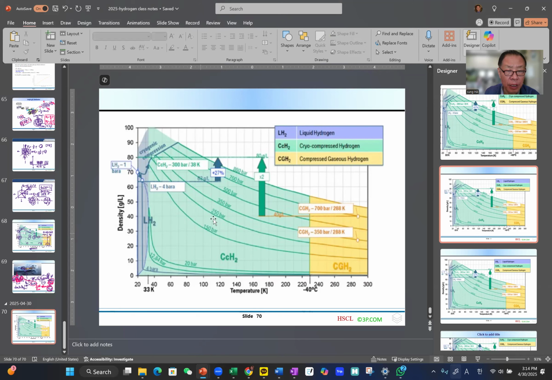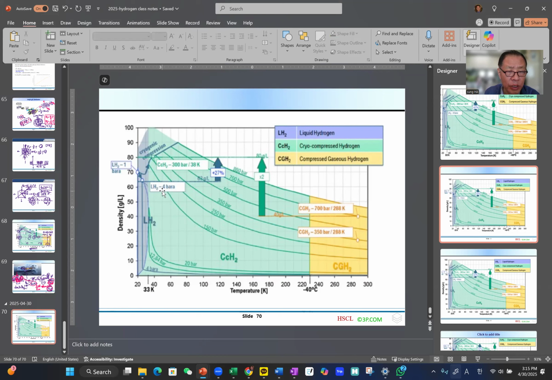These several lines show isopressure lines. So as you can see, this is how the density of the hydrogen is changing along with the temperature and pressure. Now, as you can see here, this is a liquid line.